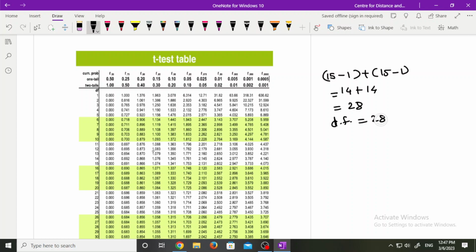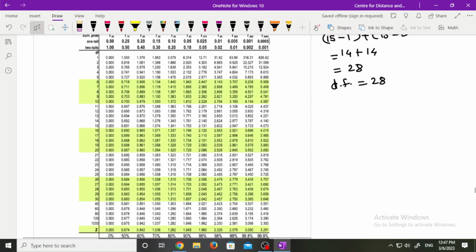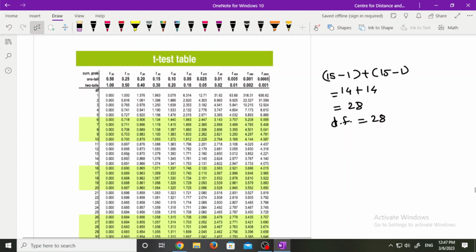So here we have to find the value for 28 degrees of freedom at the 5% level of significance, that is 0.05.